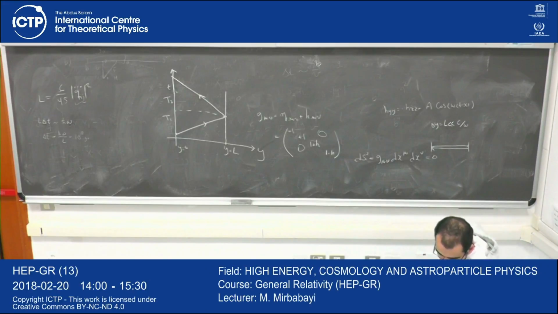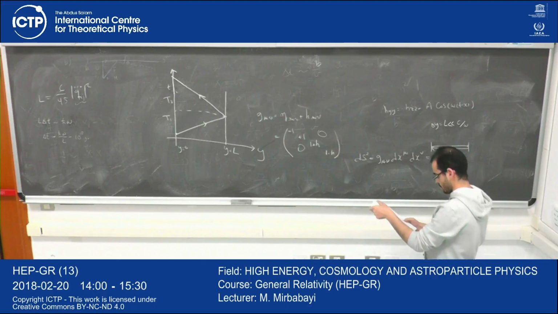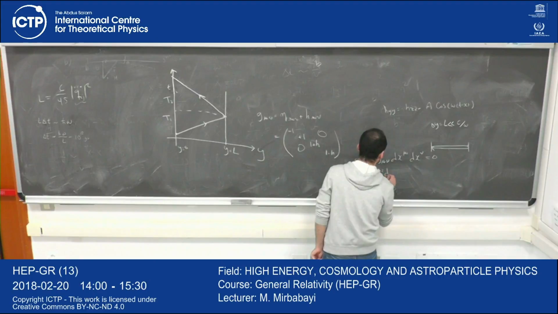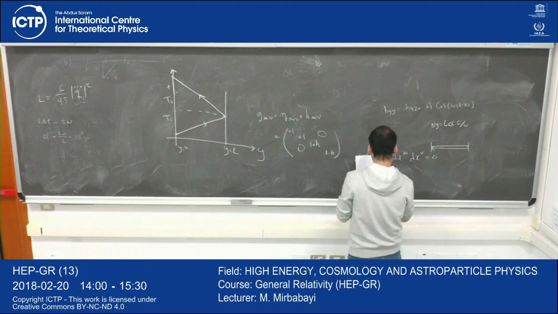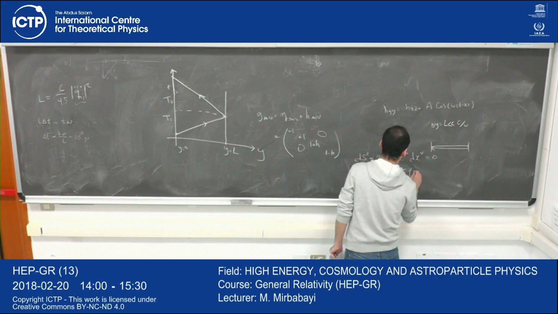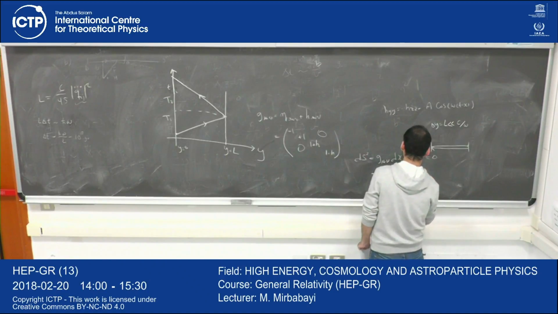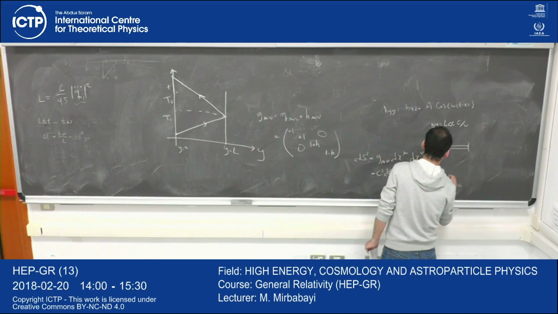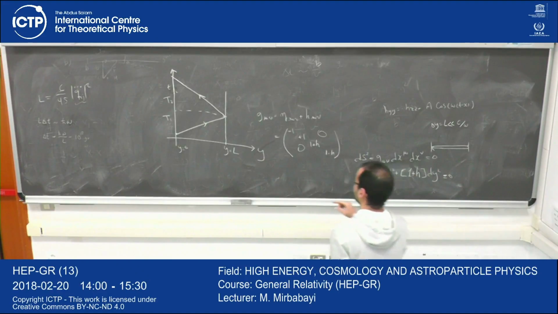So I have minus c squared dt squared plus (1 plus h) dy squared, which is equal to 0.